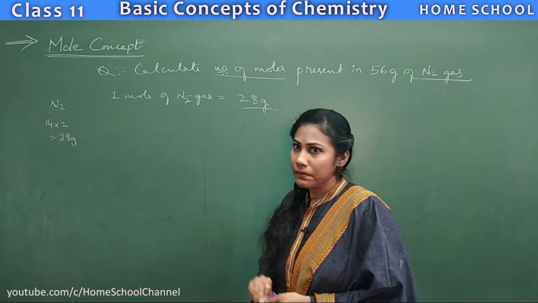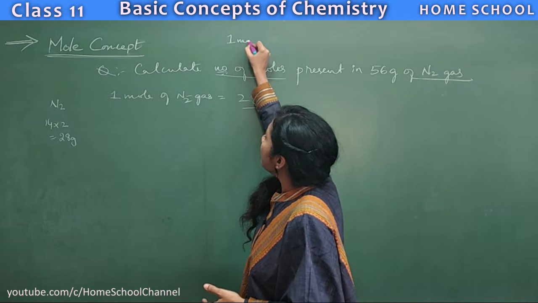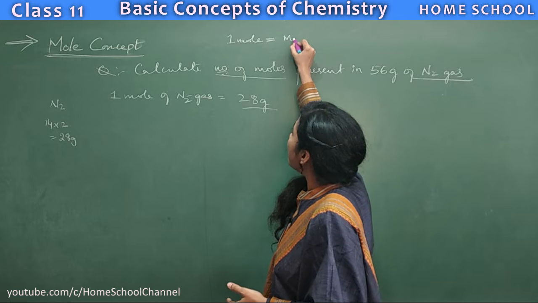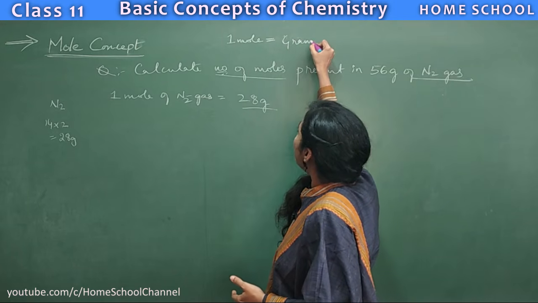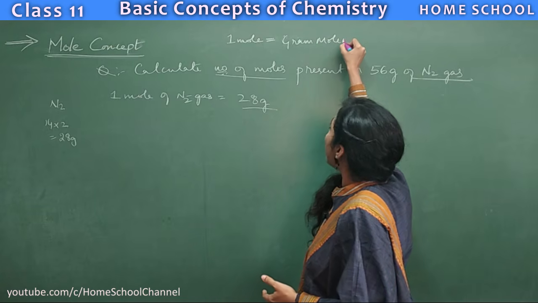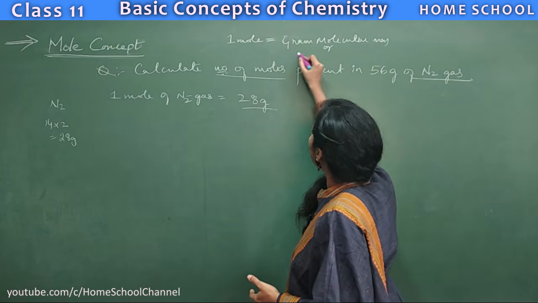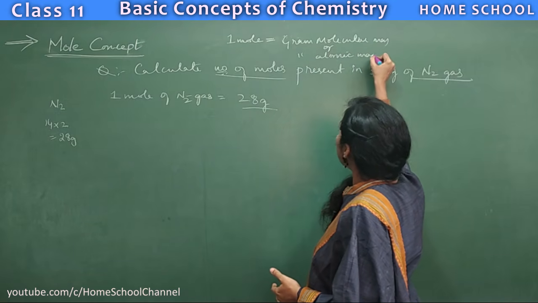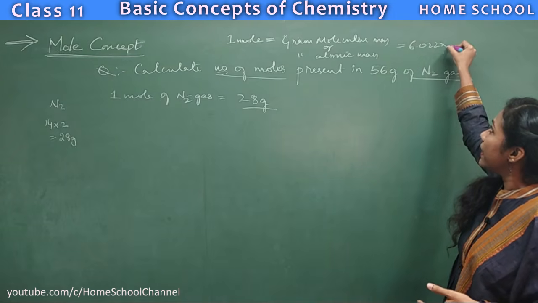This we know. This is what we studied, right? So what did I tell you? 1 mole is always equal to the gram molecular mass or gram atomic mass, which is equal to 6.022 into 10 power 23.